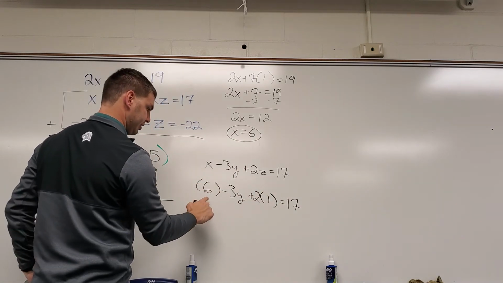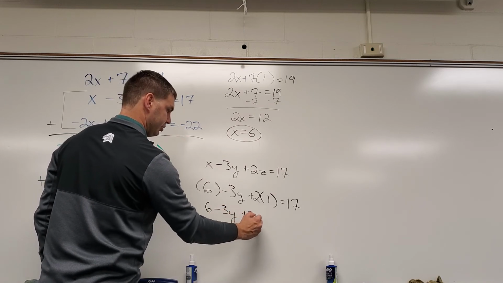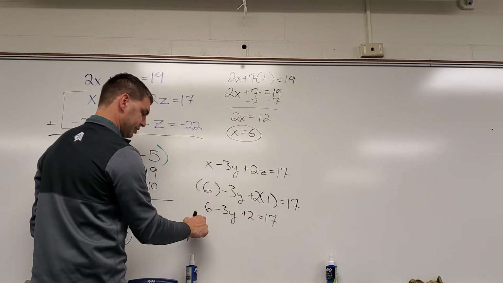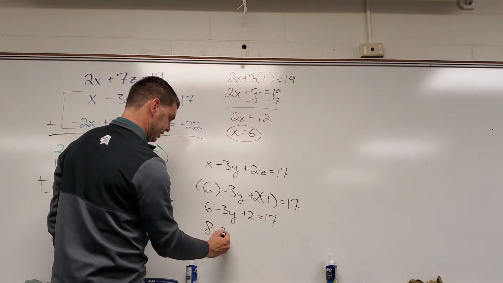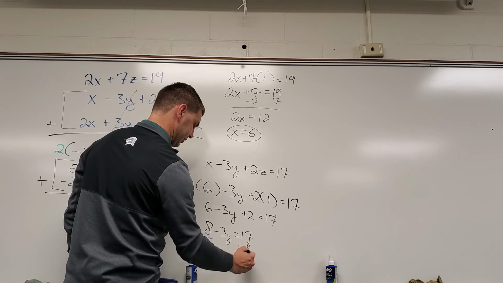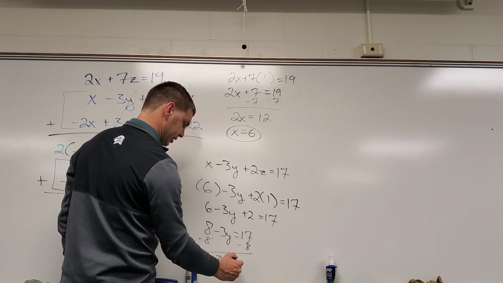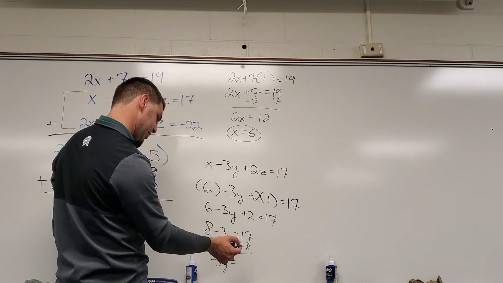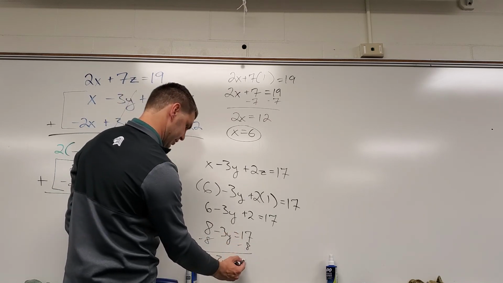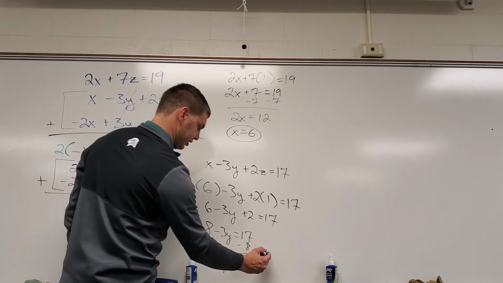And so 6, simplify this a little bit, minus 3y plus 2 equals 17. 6 plus 2 is 8, minus 3y equals 17. Subtract 8 on both sides. And negative 3y equals 17 minus 8 is 9. So divide by negative 3, y equals negative 3.